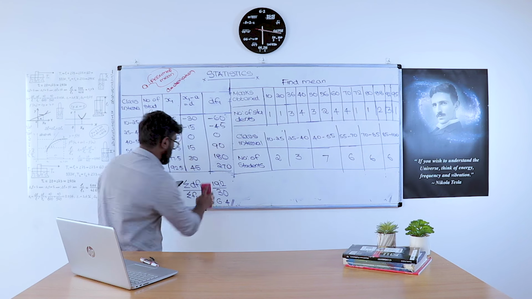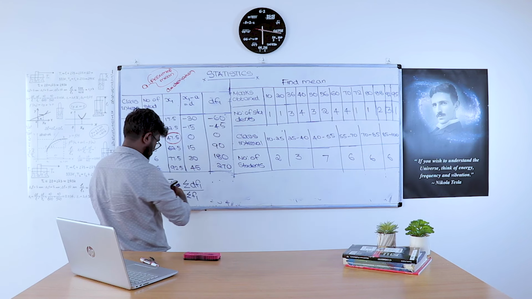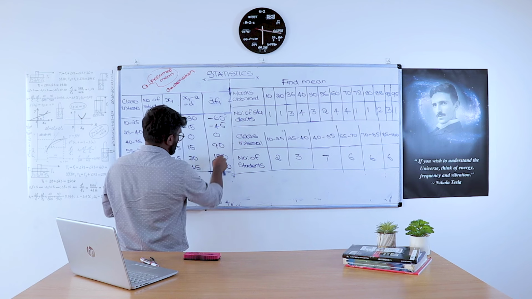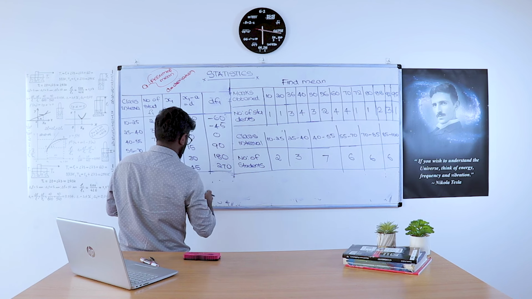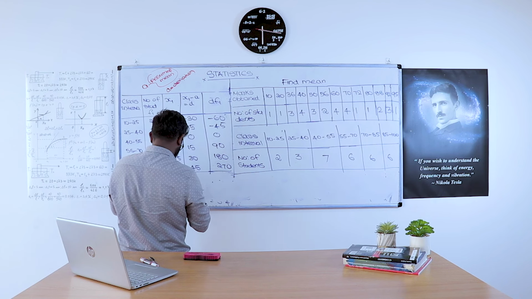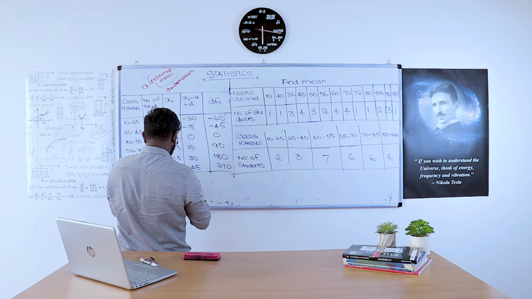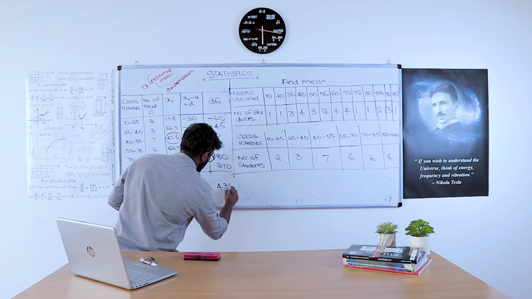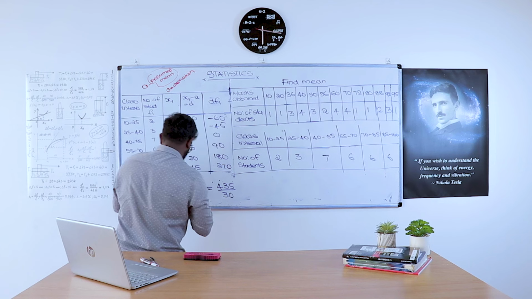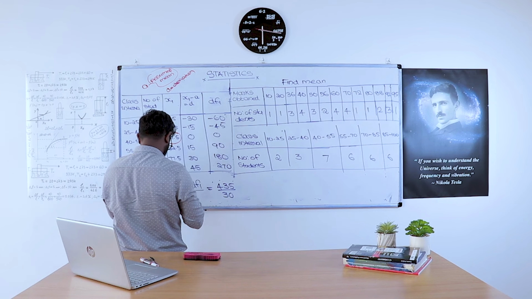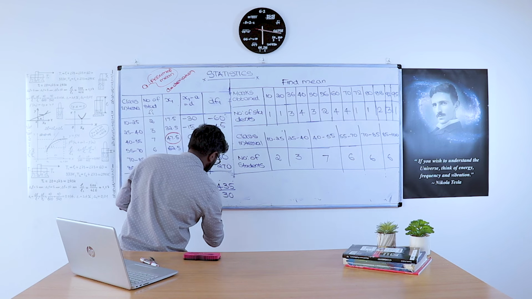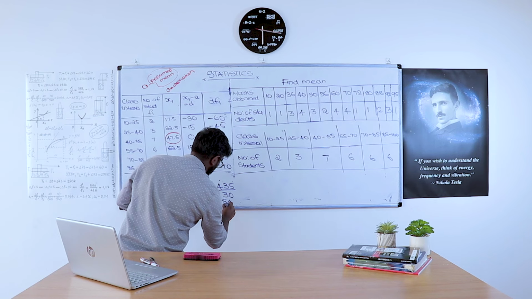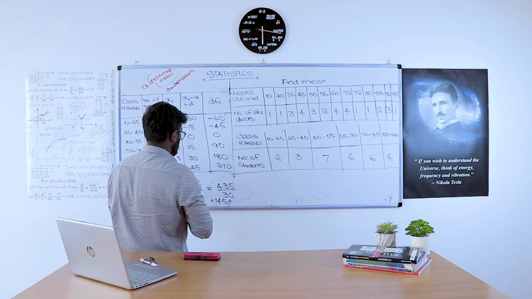It is 435. 90 plus 270 plus 270 is 540, minus 60 minus 45, it is 435. 435 divided by 30 is 14.5. Okay.